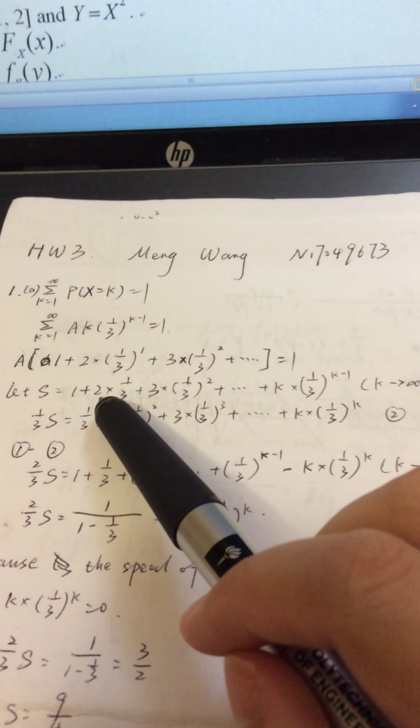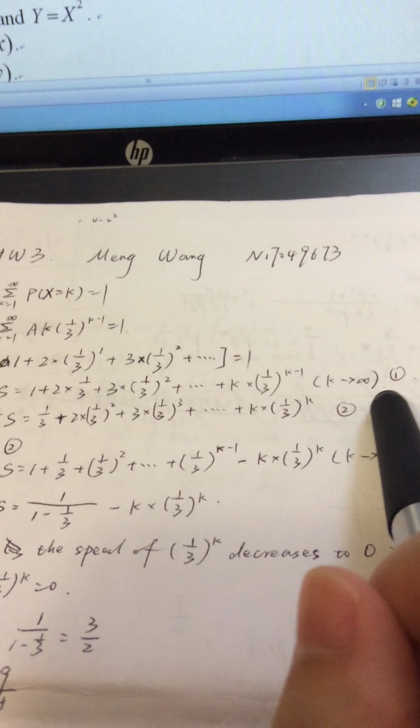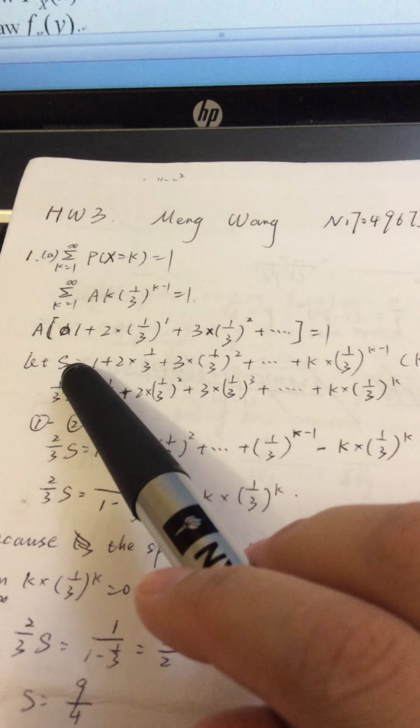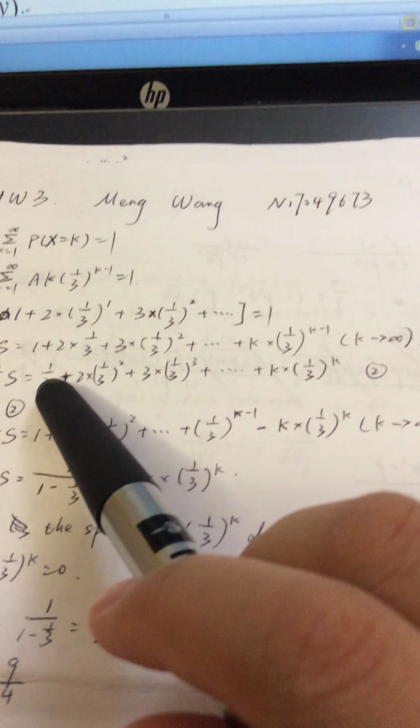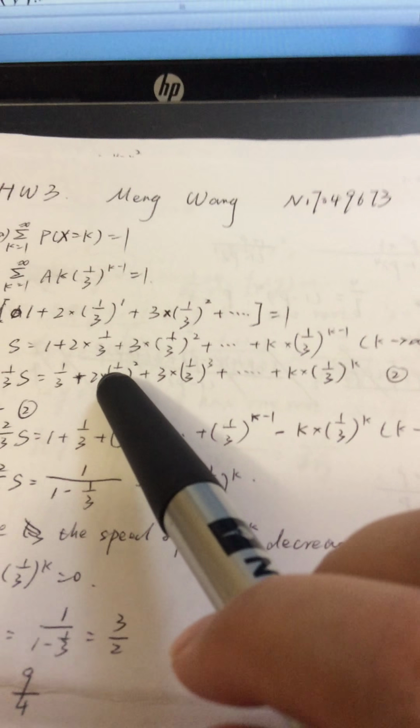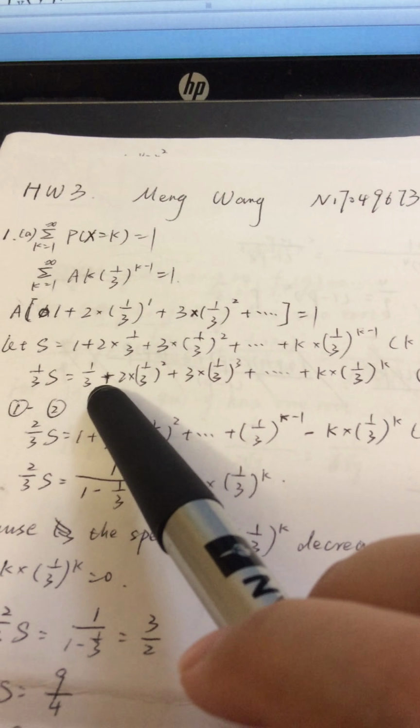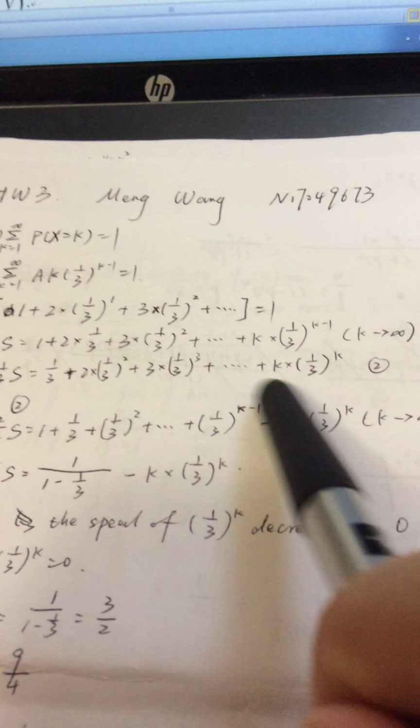Then we let s equal this part when k goes to infinity, and then we multiply s by 1/3. So the right hand side should also be multiplied by 1/3 for each term.